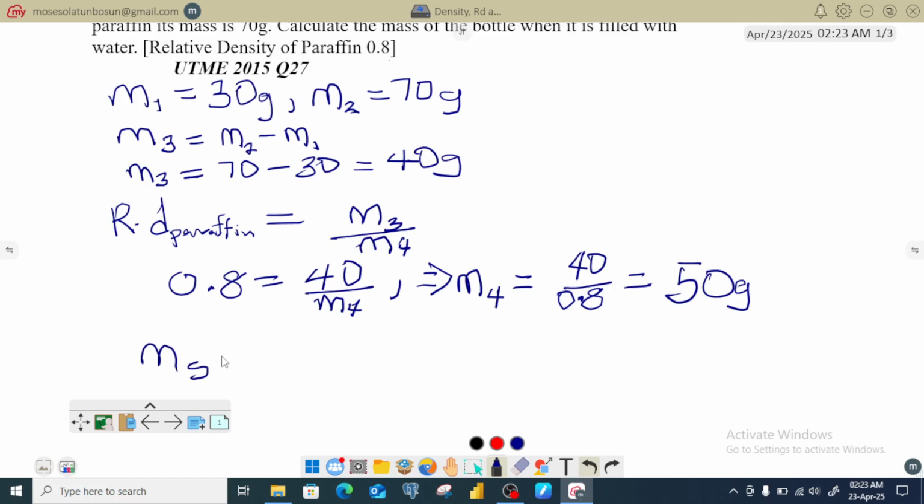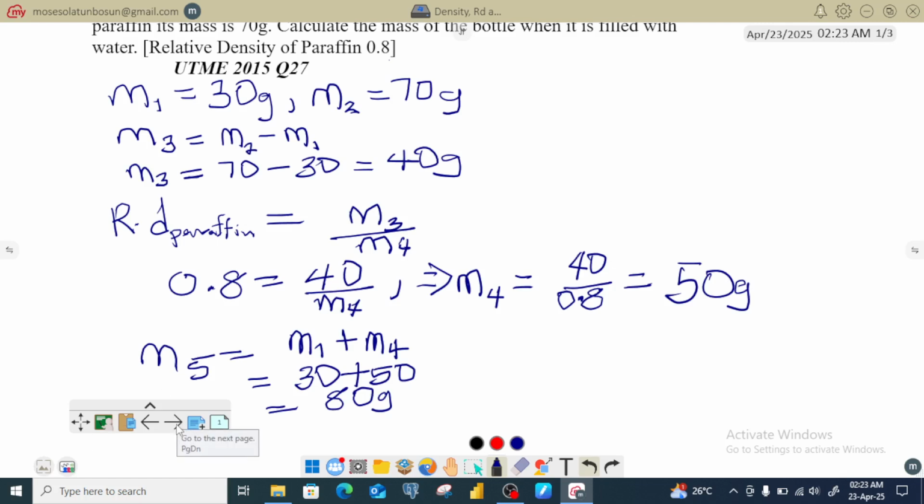So the mass of the bottle when filled with water will be equal to the mass of the empty density bottle, which is M1, plus the mass of the water that we calculated, which is M4, and that will be equal to 30 grams plus 50 grams. So when this bottle is filled with water, the mass will be 80 grams, and that answers question number 1.